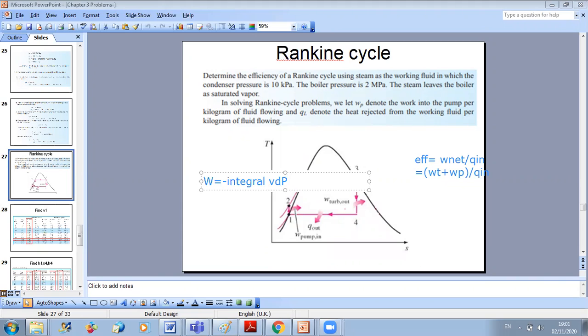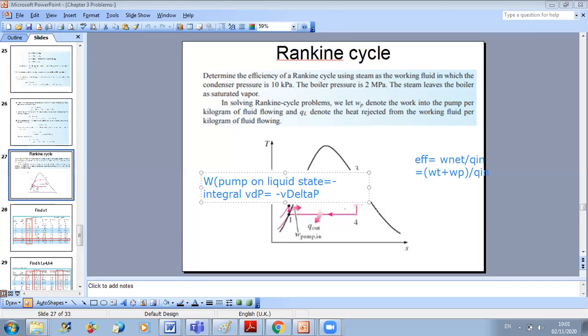But you know that for a liquid, the variation of volume per specific volume, which is the volume per unit mass, is very small because it's a liquid. So we assume that V is nearly constant. So when we have a liquid state, the work done by the pump on a liquid state can be computed simply, since V can be treated as a constant, by minus V delta P, delta pressure.